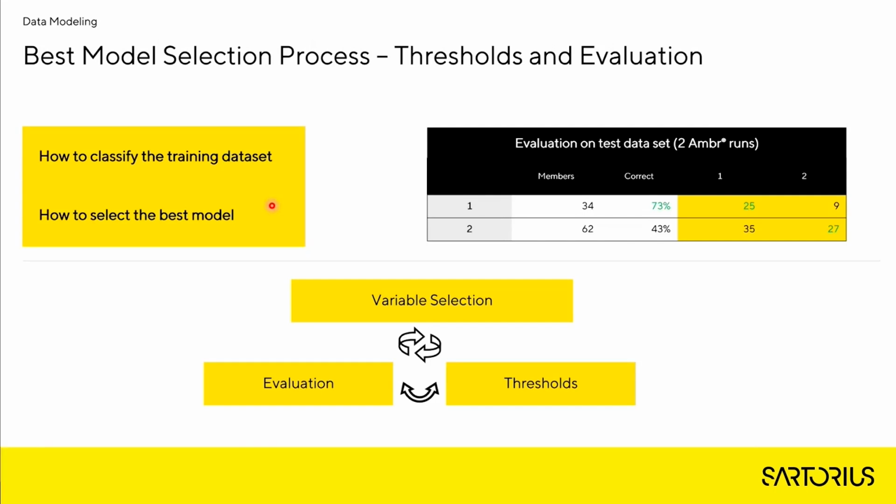So 73% here basically means that if I have, for example, 34 clones which are members of my class 1, for example high producers, 25 out of these 34 are classified correctly as class 1, and 9 of them were classified wrongly as class 2. So this is how you read your confusion matrix.